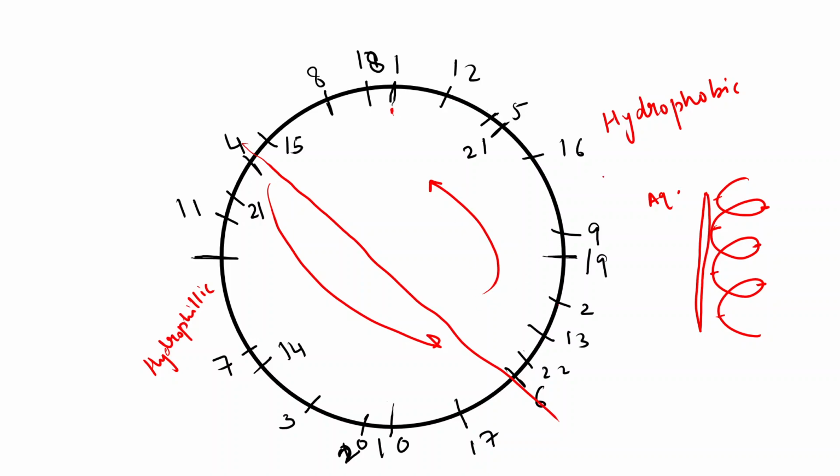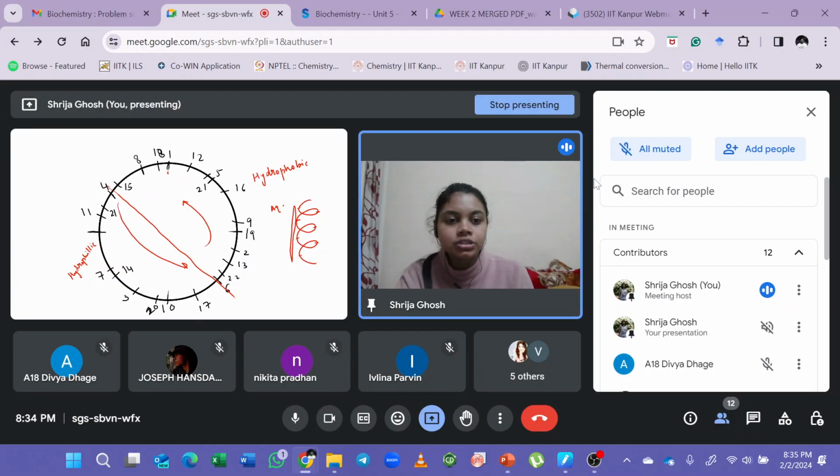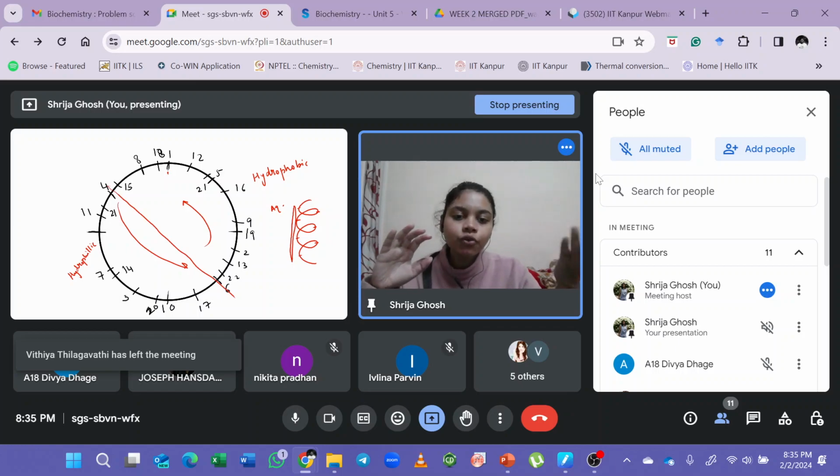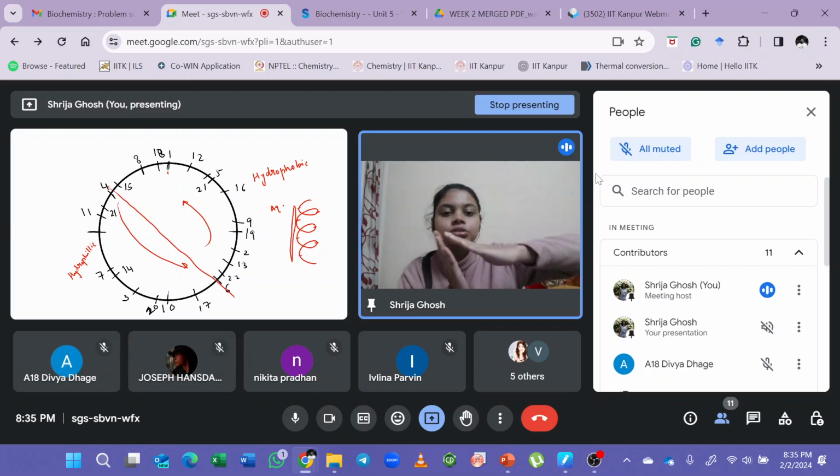That is how you can determine it. The helical wheel is very important, because this is how you can determine whether residues in a helix will be hydrophobic or hydrophilic, and whether they face the outer or inner part. When you are studying a protein structure, helical wheel analysis is very helpful.